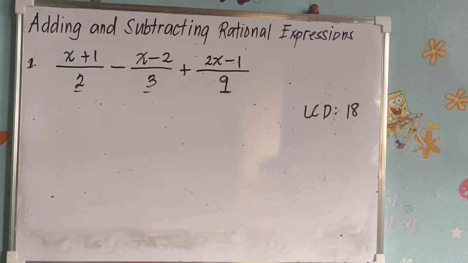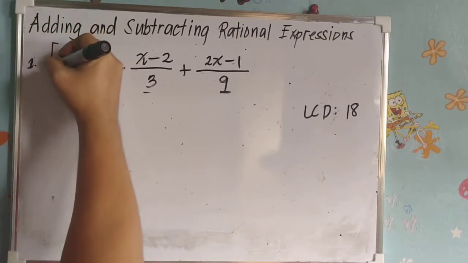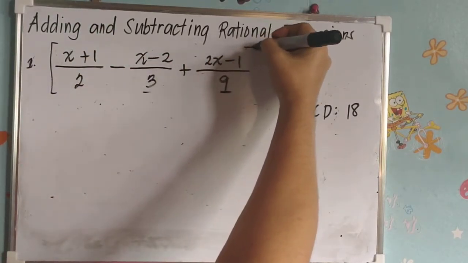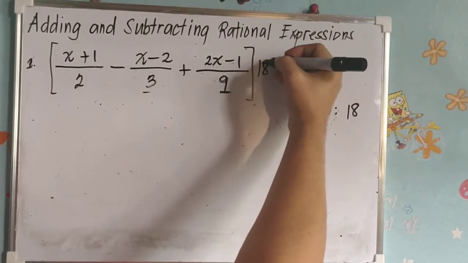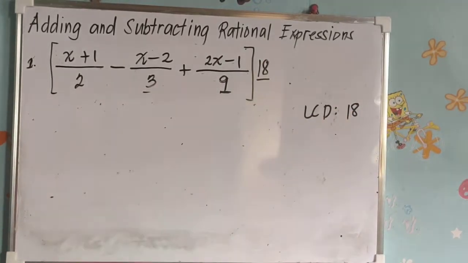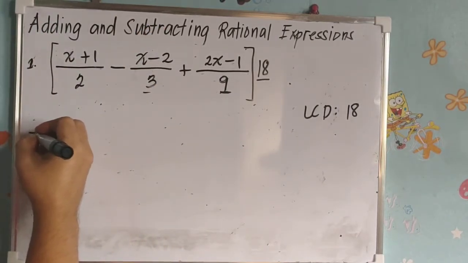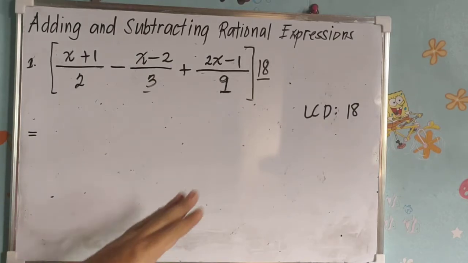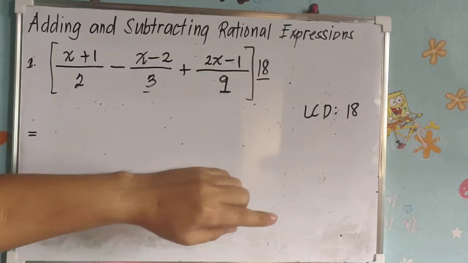So what are we going to do next after finding the LCD? We are going to multiply all rational expressions by our LCD. So we write the LCD here outside our brackets and multiply each rational expression one by one.